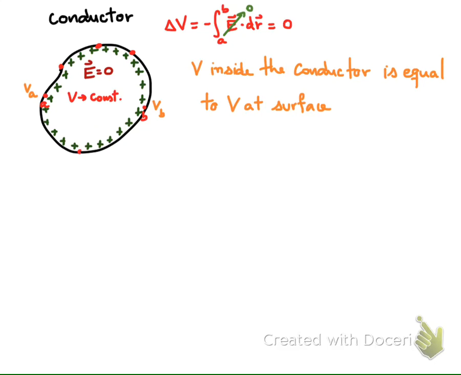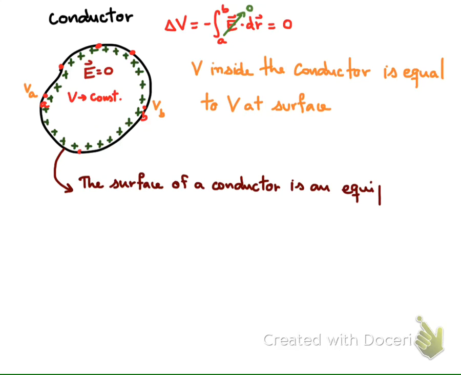So we have an important result that the surface of a conductor is an equipotential surface.